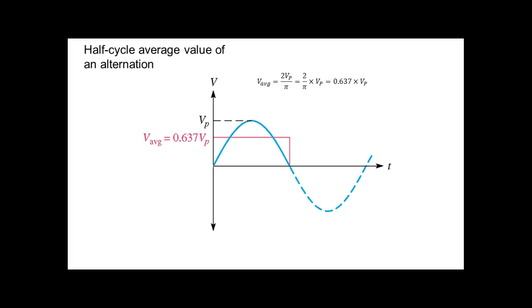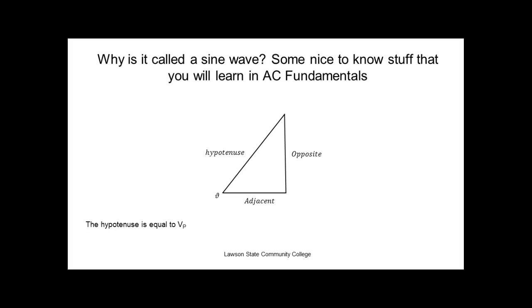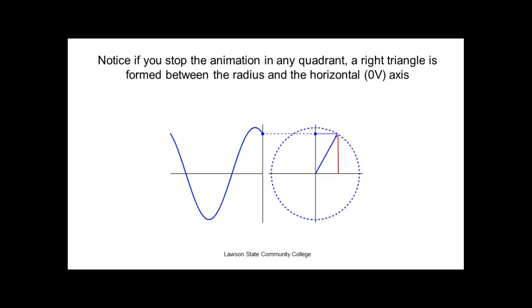The average, this is very important too for this class. The half cycle average of an alternation is, and I don't like this. Why I don't like it is they throw a number out there. Since we deal with a circle, we learn something, but we don't understand what it is, this guy right here called what?